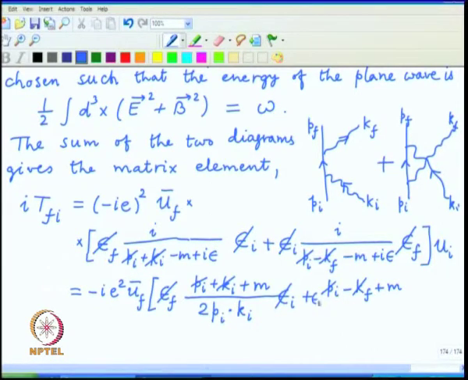There is epsilon_i slash in the front, epsilon_f slash at the back, and the denominator follows the same rule. p squared cancels with m squared, k_f slash squared is 0, and we only have the dot product surviving, which is 2 p_i dot k_f, and so one can now close the bracket and put the electron wave function outside it. So, this is a simplification. We just rationalize the propagator denominators.